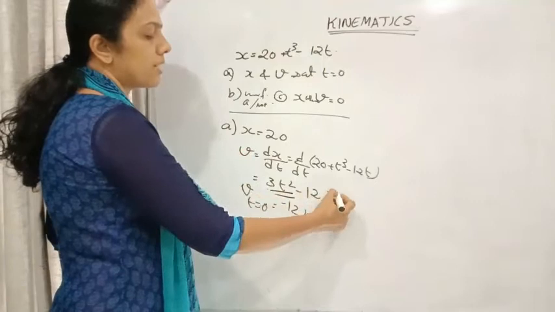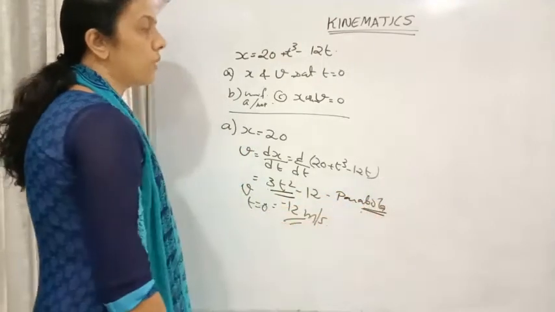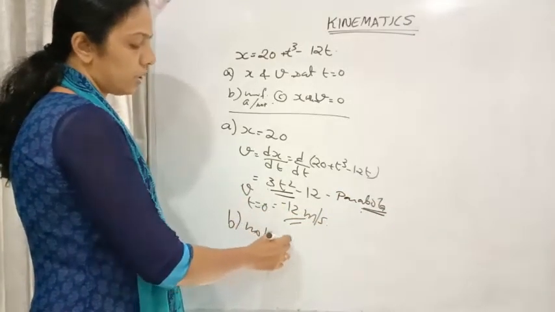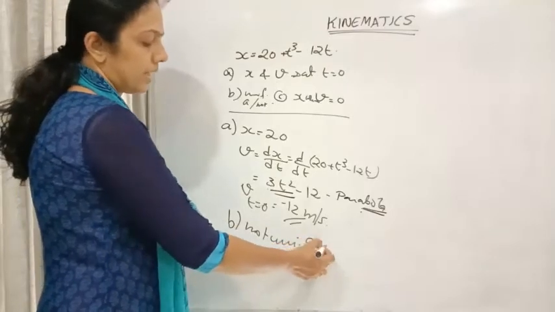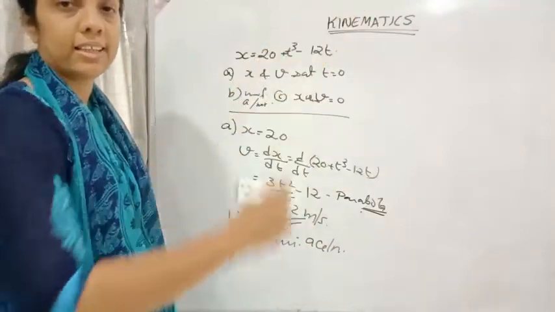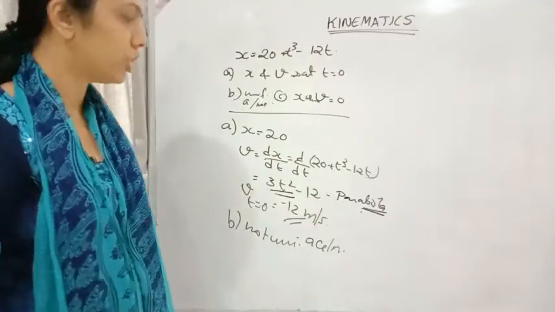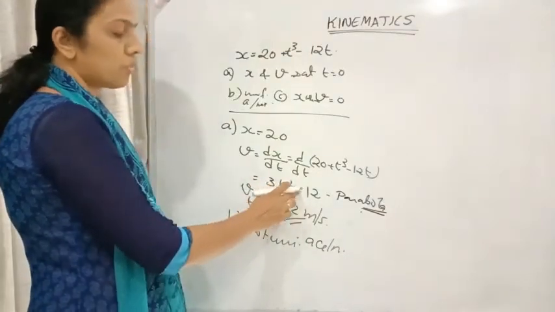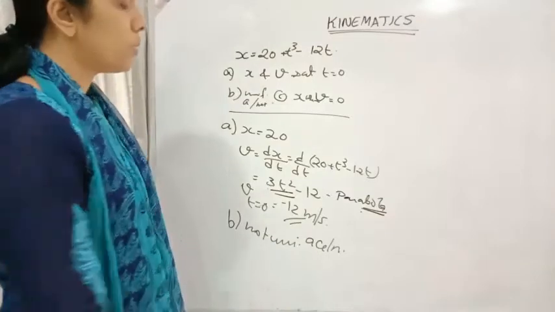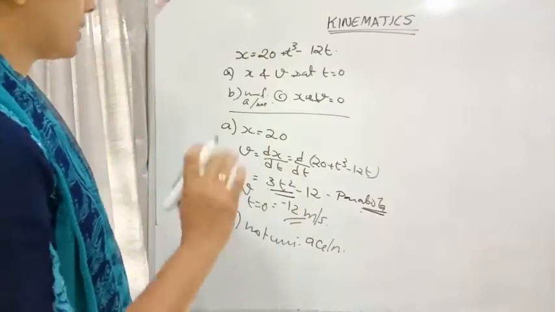Here we get a parabola, so it is not uniformly accelerated. If it were uniformly accelerated, we would get a straight line equation, y equals mx plus c. But this equation, 3t square minus 12, is the equation of a parabola, so it does not come under uniform acceleration.